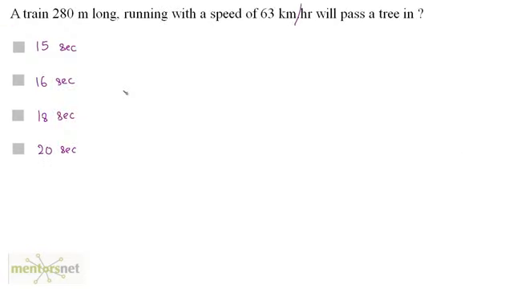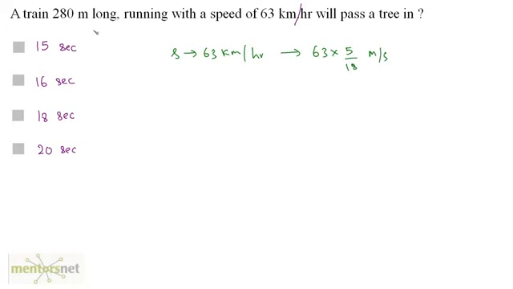A train 280 meters long running with a speed of 63 kilometers per hour will pass a tree in. Well, the train will have to cover its own length in order to pass this stationary object, which happens to be a tree. We have been given the speed, which is 63 kilometers per hour. Let's convert this into meters per second. So 63 times 5 by 18 meters per second will be the speed.